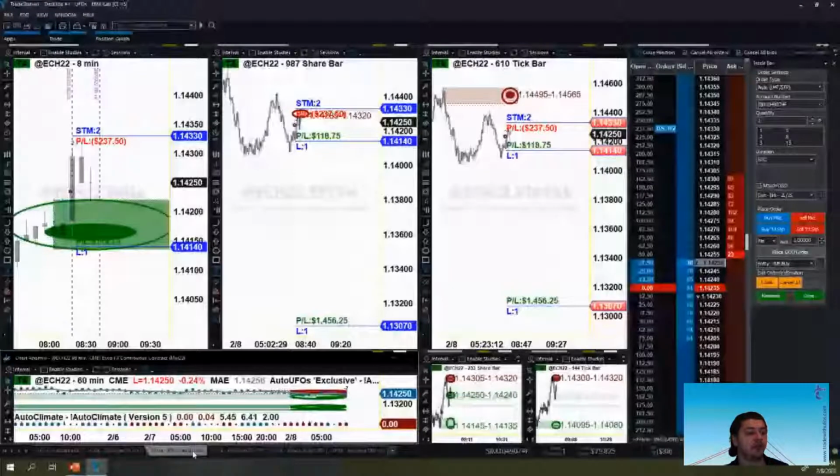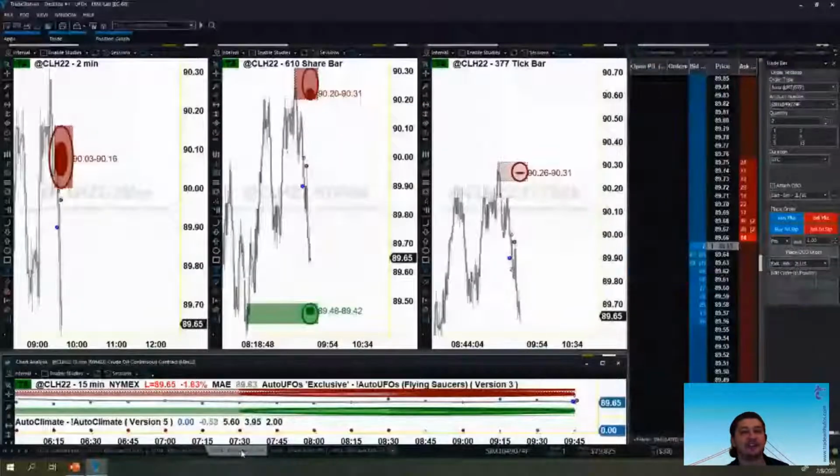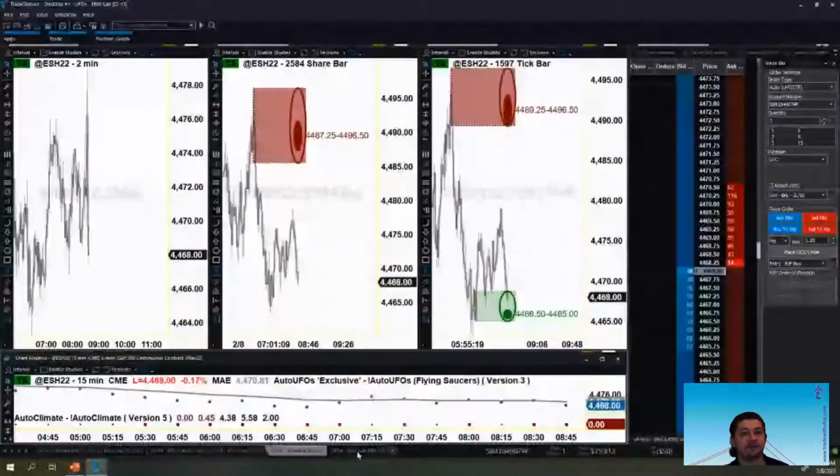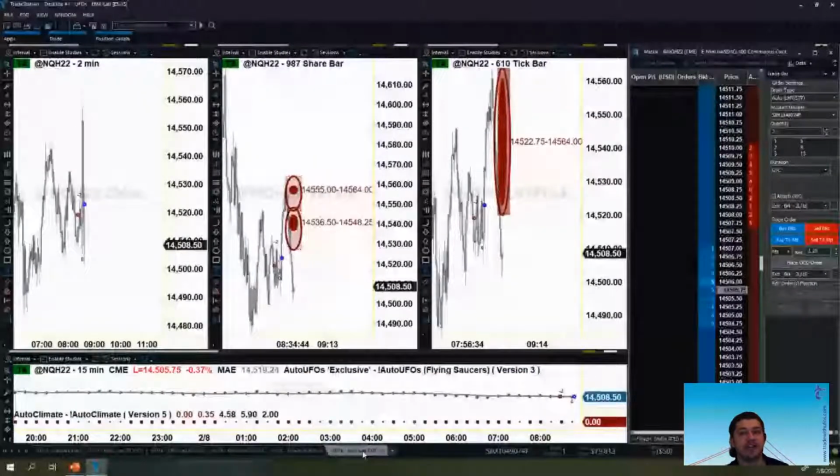The euro is also kind of going in our direction, not quite to the degree of what some of these other ones are moving at, but we are where we are, right? ES came all the way down, Nasdaq all the way down.